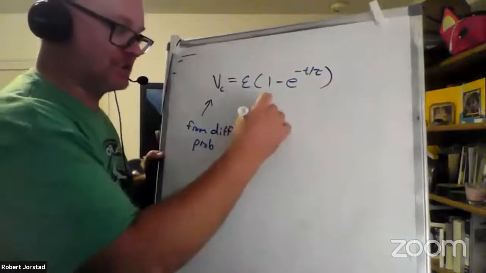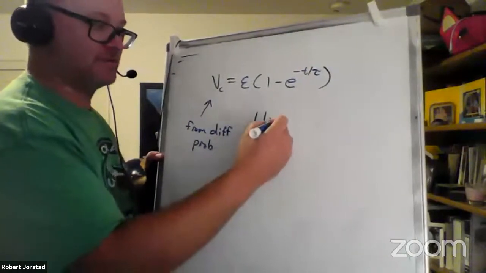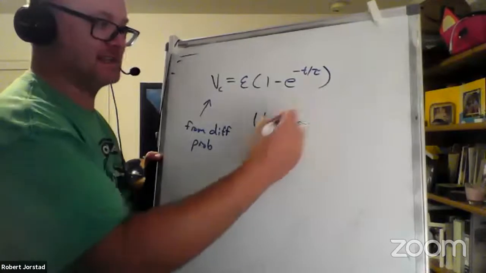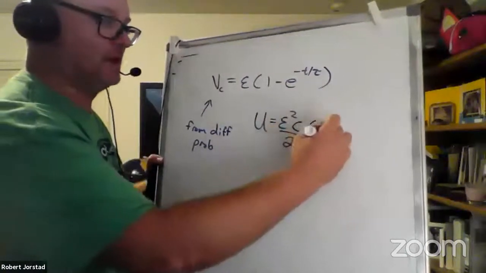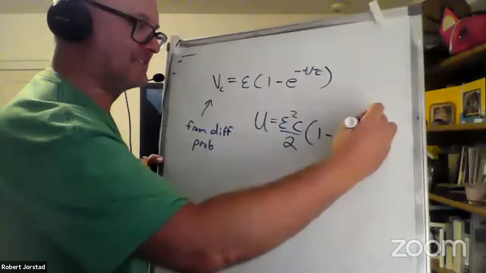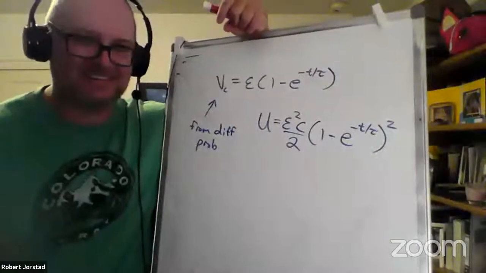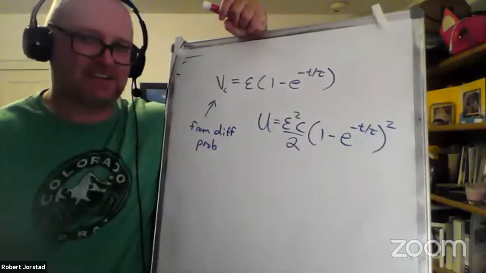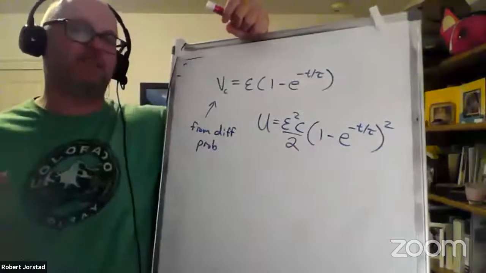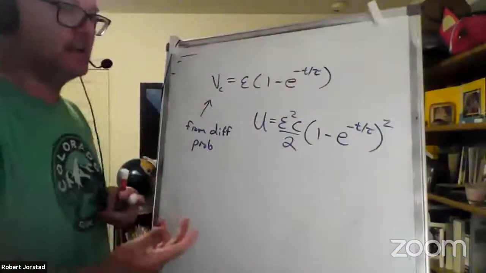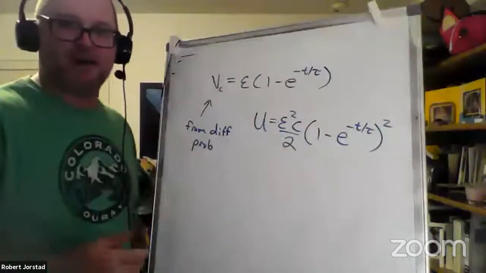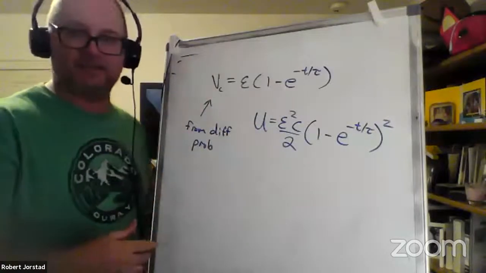Now, what would that energy look like? Well, it's V squared. It'd be E squared C over 2 because of the stupid 1/2. And then you'd have 1 minus e to the negative t over tau quantity squared, right? And then your trick isn't going to work at all. So rather than try and remember that trick, I think better is to just plot both. It's not that what you had said isn't partially true, but understanding plots and just cranking one out in Excel is so much easier.